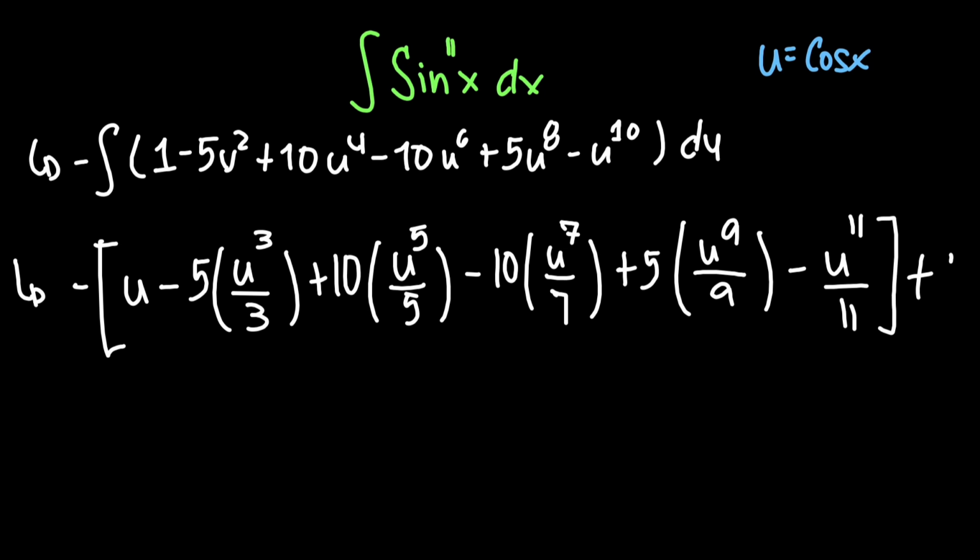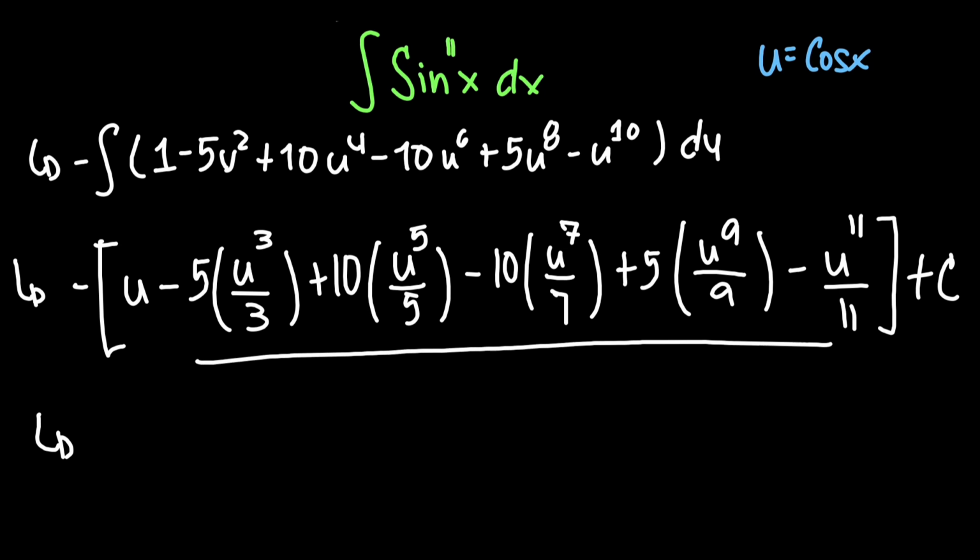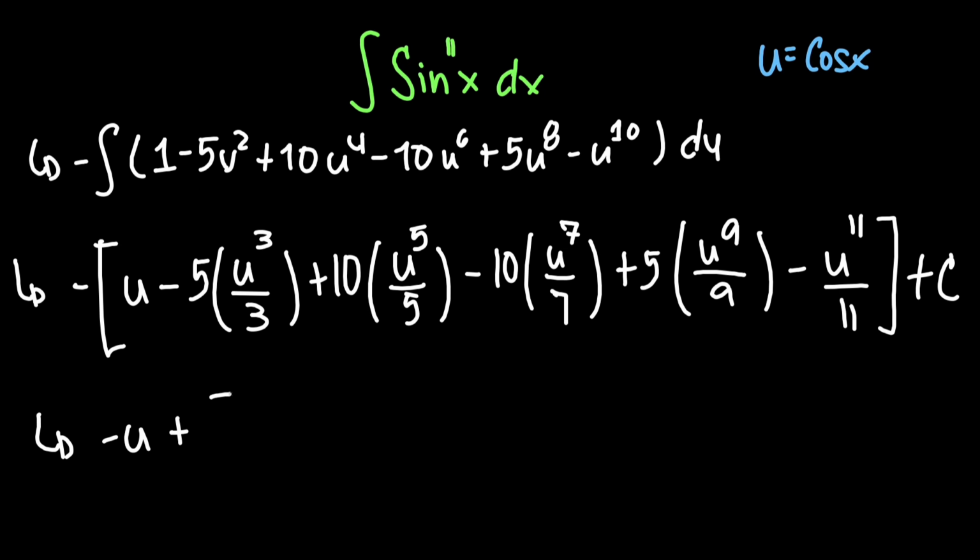And add the constant of integration. And so distribute first the negative sign and simplify all the values here if it can be. Then 10 divided by 5 would be 2.